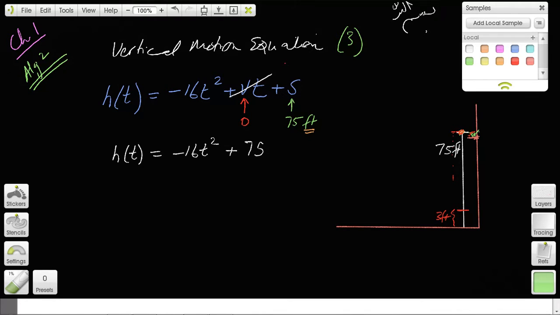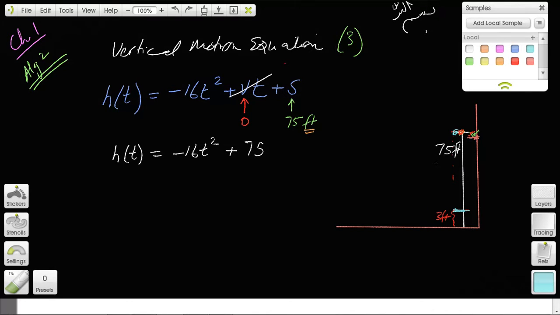Now, the question is, how long does it take for the keys to arrive over here? How do we figure that out? The answer is, how long does it take for the keys to go from here to over here? In other words, the height here is 3 feet.